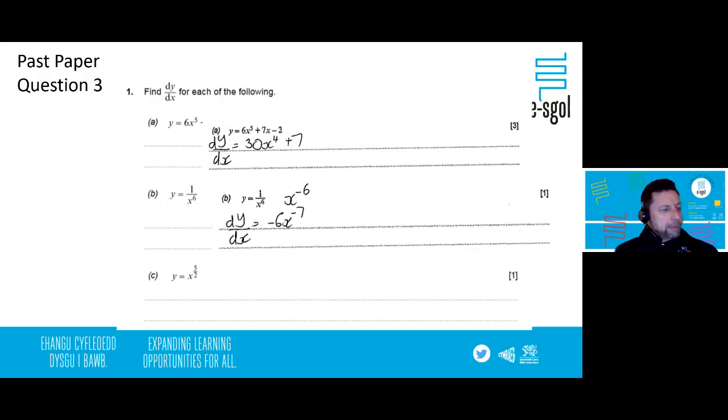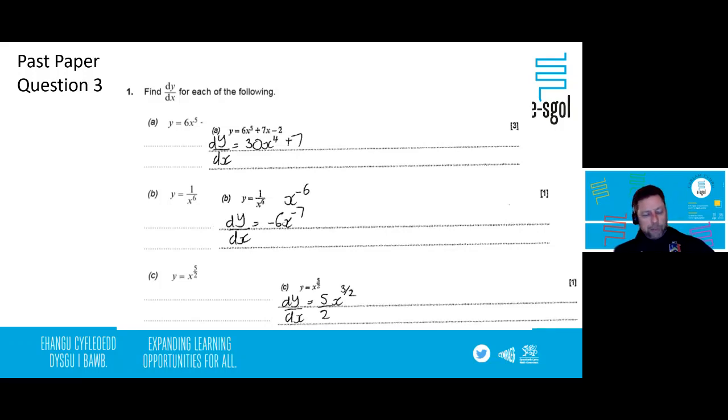Now, next one, 5/2, subtract 1 from the power, decrease the power, goes from 5/2 to 3/2. 5 halves take away 1 is 3/2, and again, if in doubt, use your calculator.